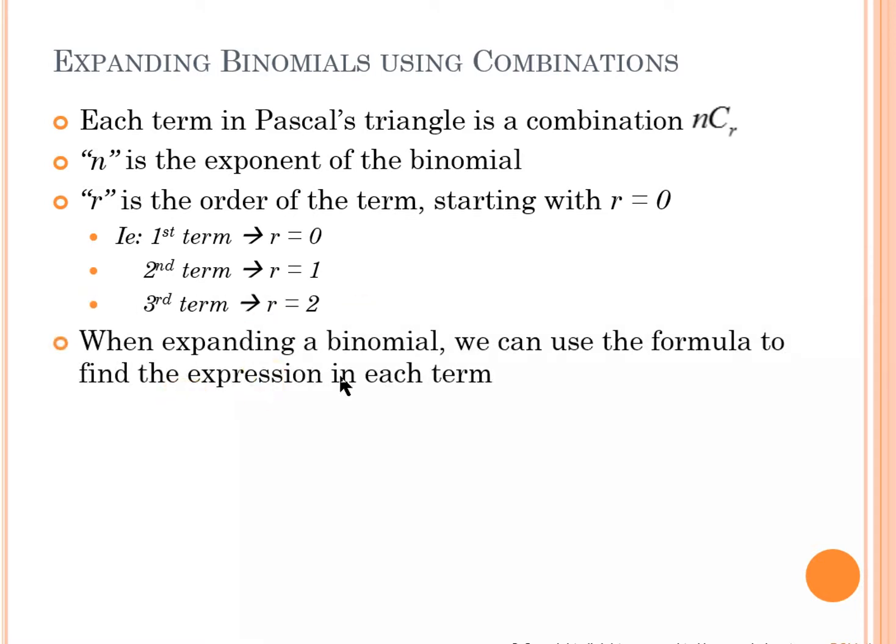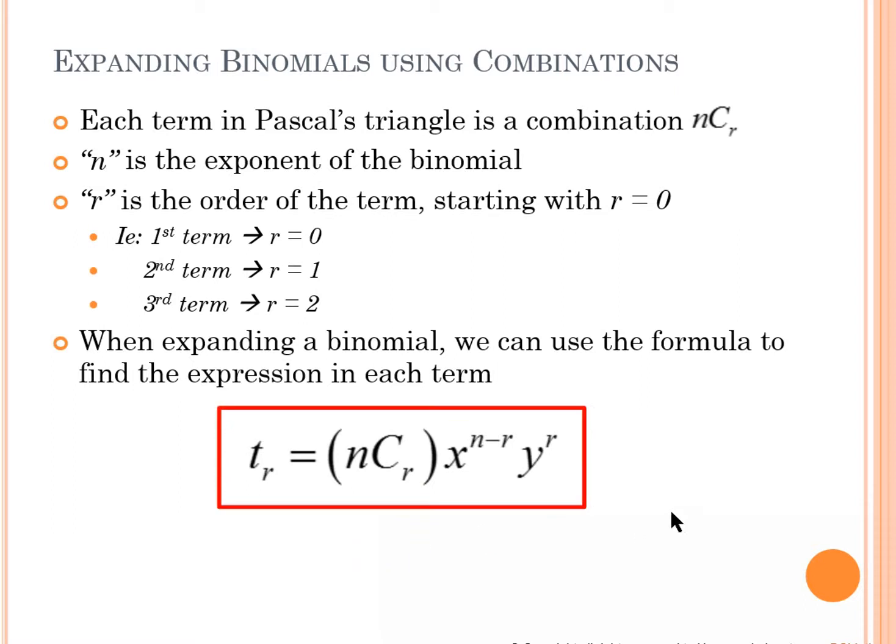And when we're expanding a binomial, we can use a formula to find the expression in each term. So there is a special formula that we can use to find any term in the binomial expansion. And this is my formula right here. All right, so if I want to find the third term, then I can use this formula right here. So instead of expanding the whole binomial, this little formula will help me find the individual terms.